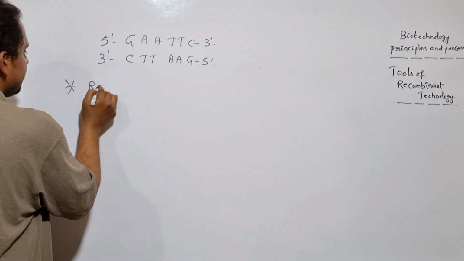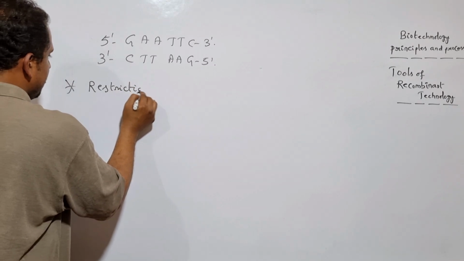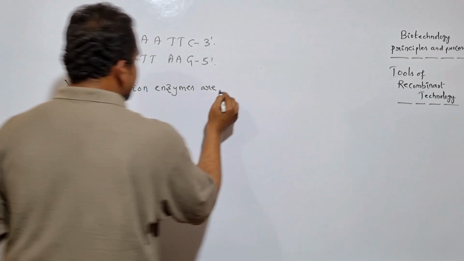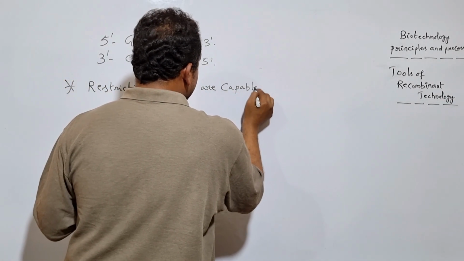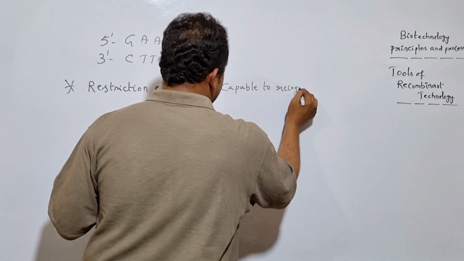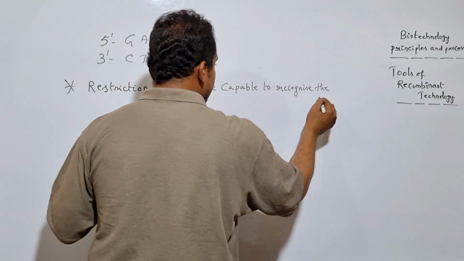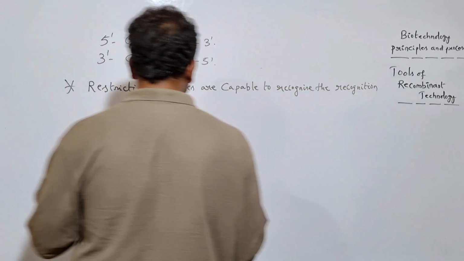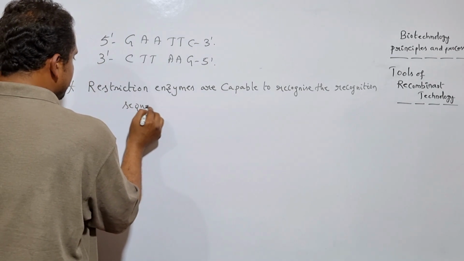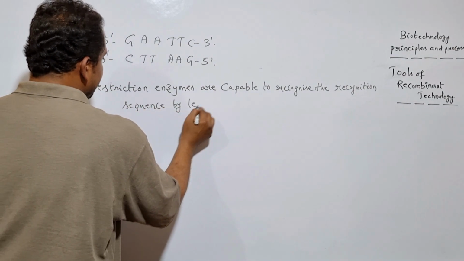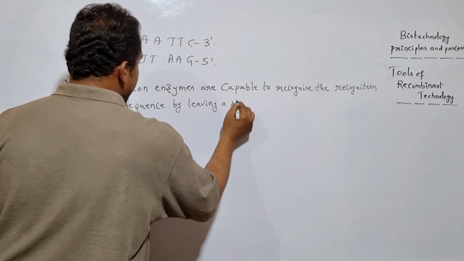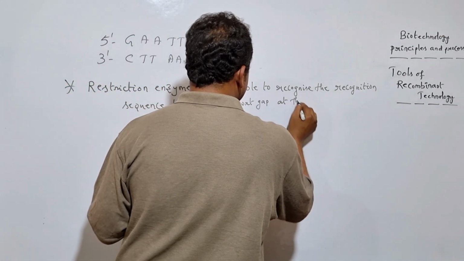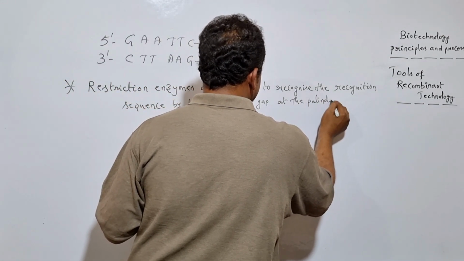Restriction enzymes are capable to recognize the recognition sequence by leaving a short gap at the palindromic site.